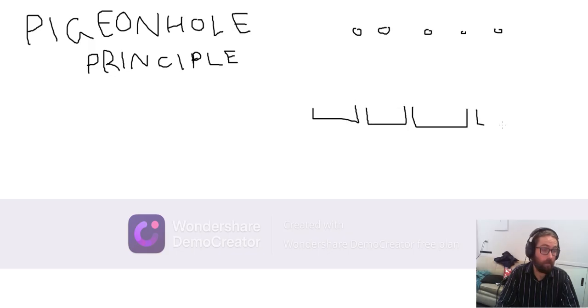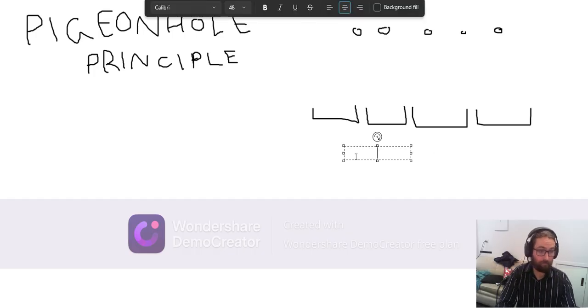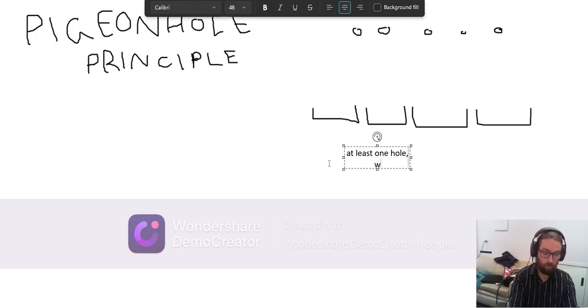And let's say that the pigeons need to each go to a pigeonhole to sleep, right? So it's night time, all these 5 pigeons need to pick a pigeonhole. The pigeonhole principle essentially says that at least one hole will have more than one pigeon.